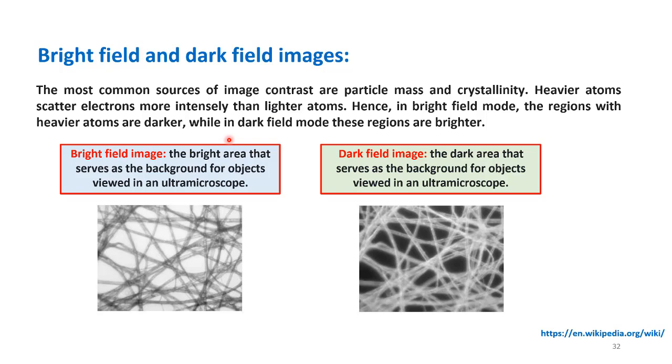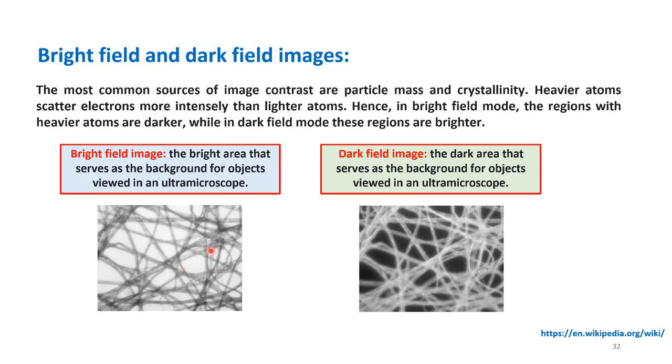Then there are bright field and dark field images. The most common sources of image contrast are particle mass and crystallinity. Because of the mass, if it is heavier, then it will give better contrast, and crystallinity also. Heavier atoms scatter electrons more intensely than lighter atoms. Hence, in bright field mode, the regions with heavier atoms are darker.